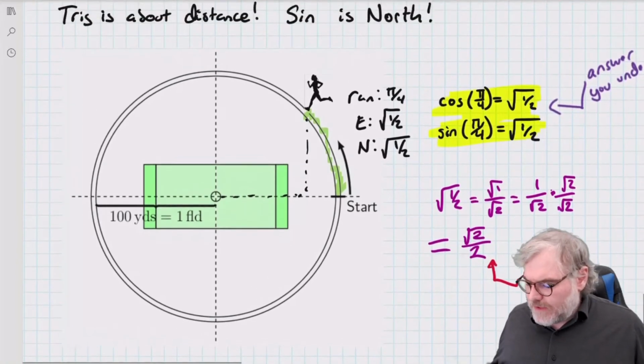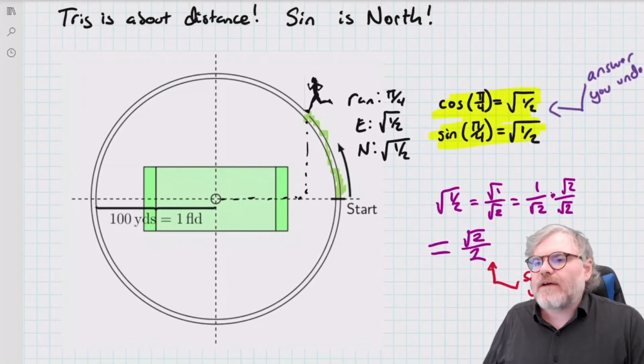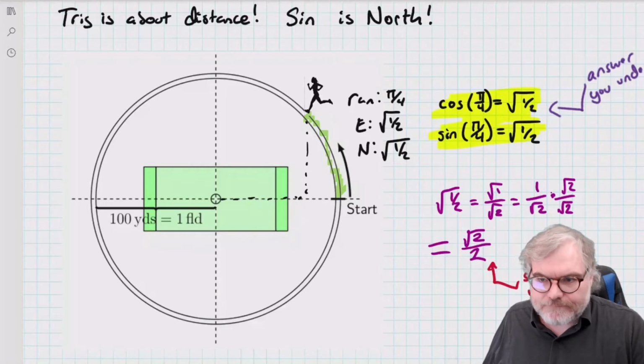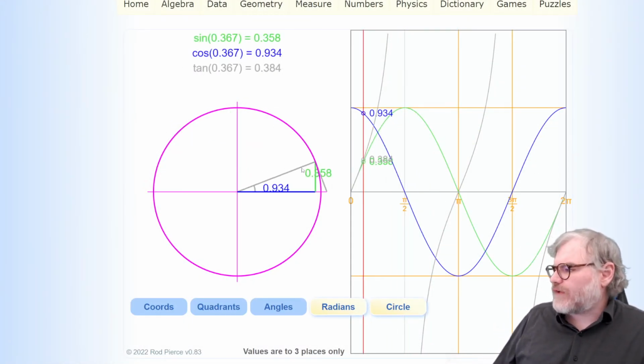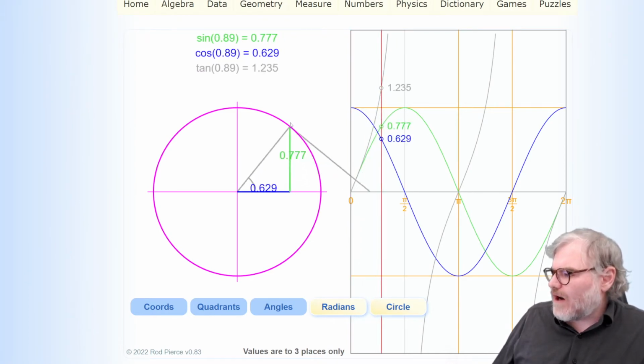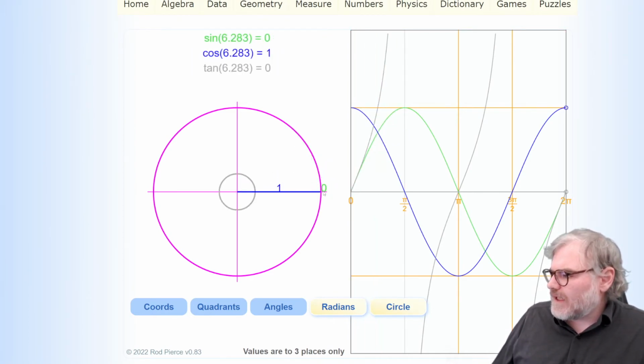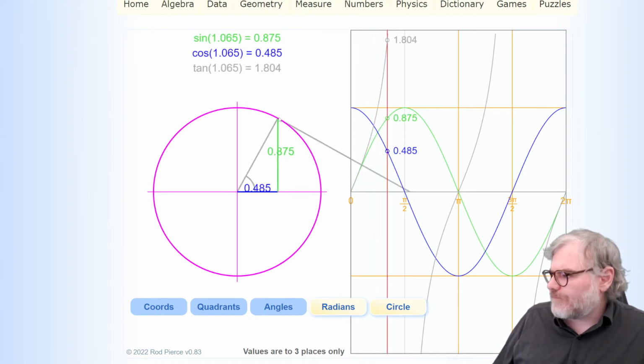Now, if you want to do something very interesting, you can head over to the internet, and there's this great site called mathisfun.com. And on mathisfun.com, they have this cool interactive unit circle. So here we are right now at 1. If I've run 0, my eastiness is 1 and my northiness is 0.